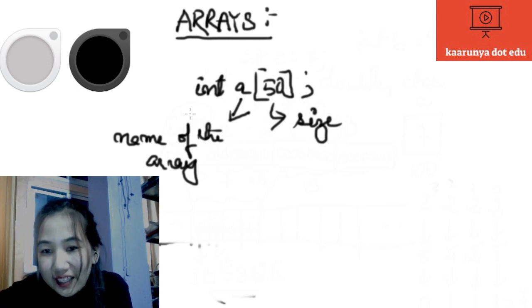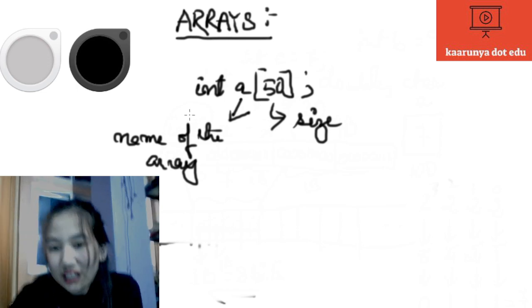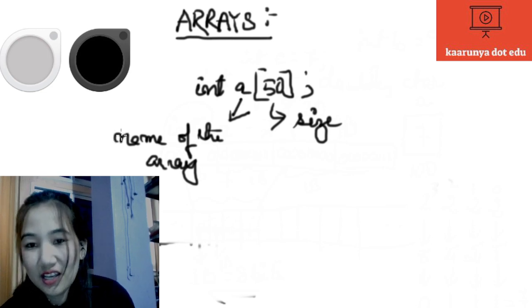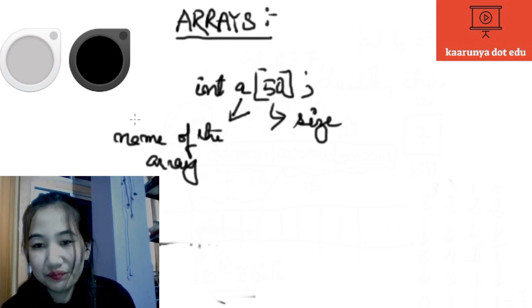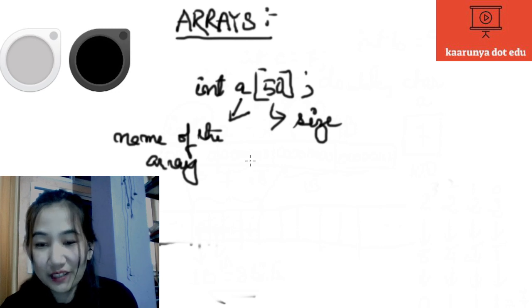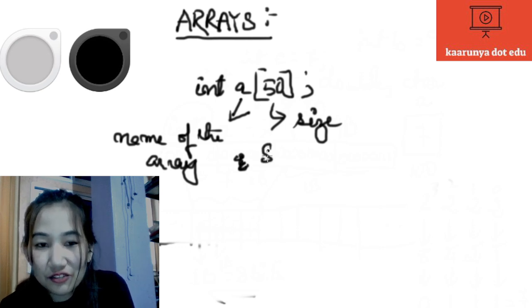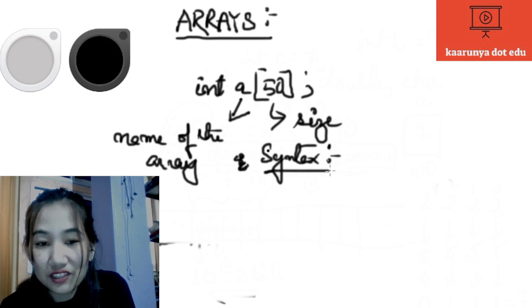So we can come up with a definition of array. So what is an array? Before that, we have to understand one more concept. From this we can come up with a syntax. We should know the syntax of an array, how to write an array, how to declare an array.